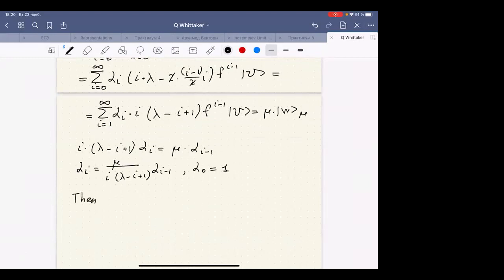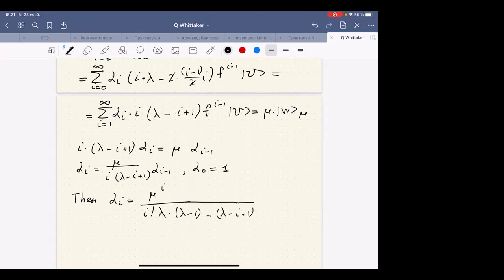Then alpha I is mu to the power I, over I factorial, and lambda, then lambda minus 1, and so on, up to 2 lambda plus 1.